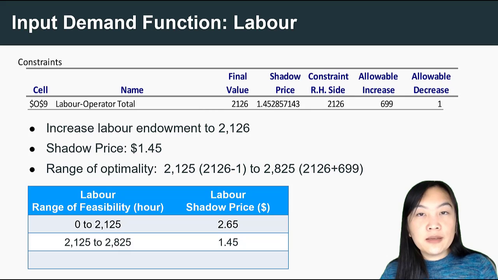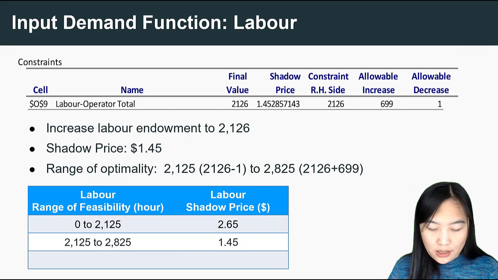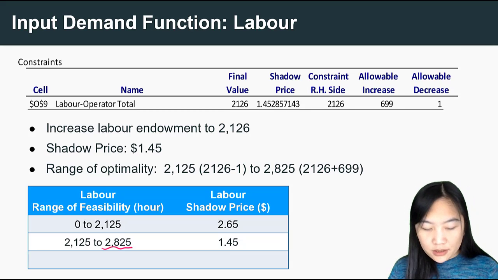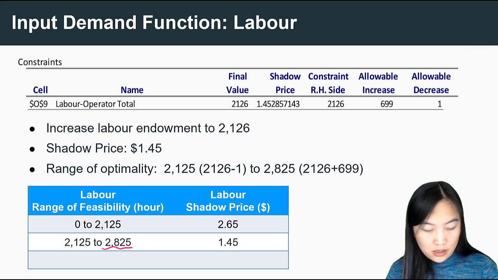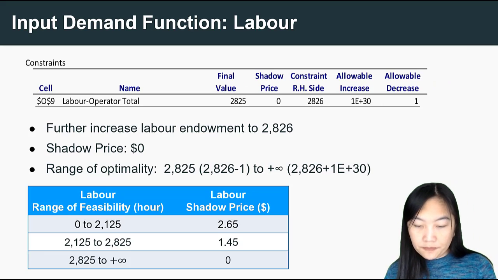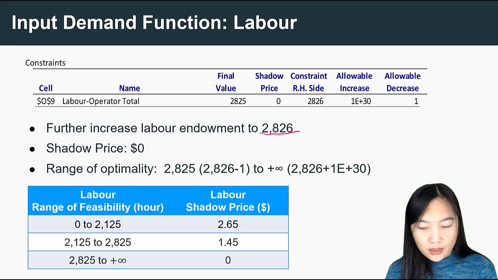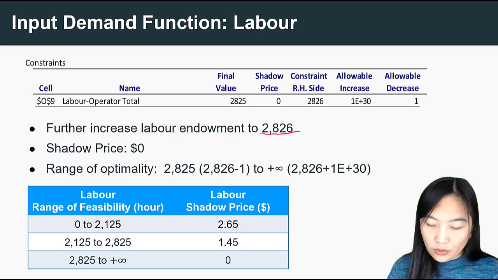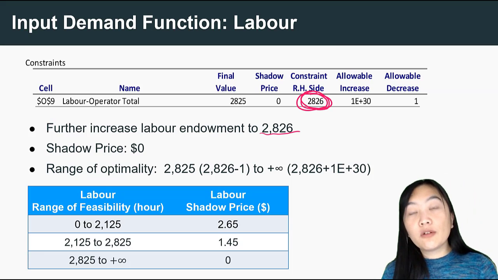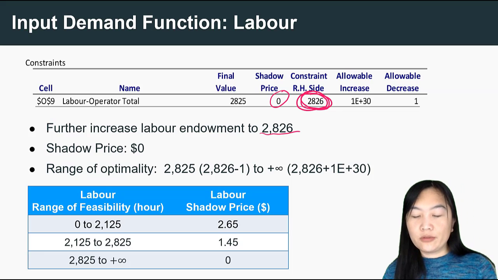This time, let's change it to a number that's slightly above here. Sorry, we should be here. So it's 2826. Once we change the right-hand side value to this number, we find the shadow price is 0.